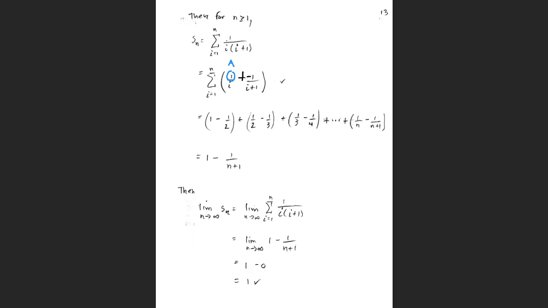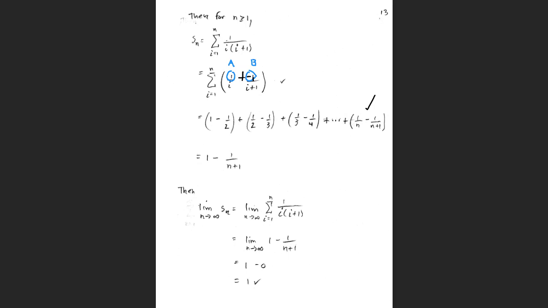And so B is the negative 1. Now look what I'm going to do here. Now over here, I'm going to write out some terms of the nth partial sum.